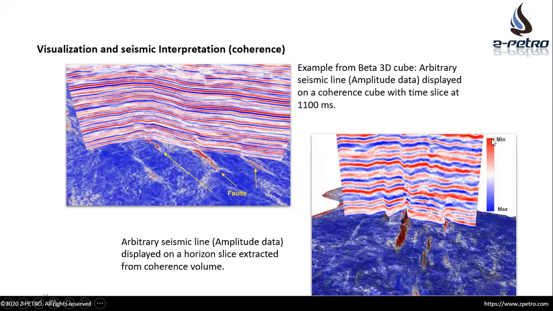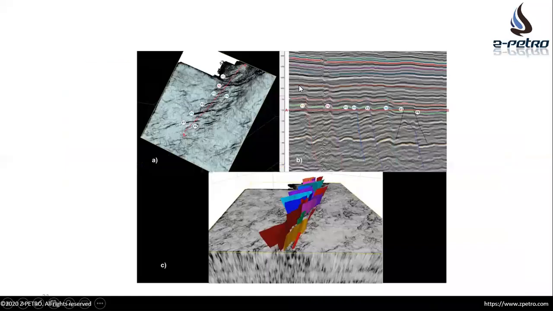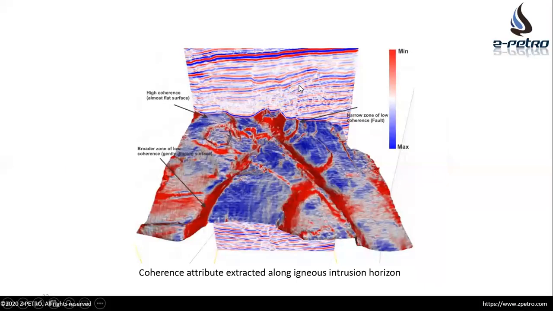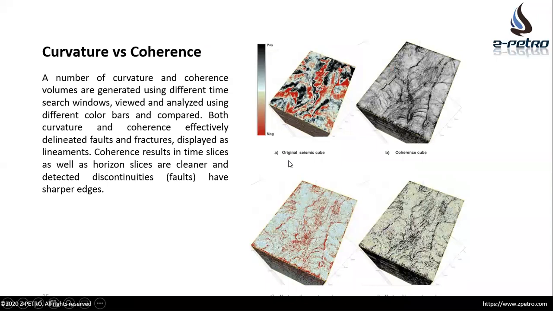The red color is the lowest amplitude, all right, while the highest values are, you can see, the blue color, representing the highest value of your seismic amplitude. All right. So this one is the slice, all right. With the help of the slice, you can see where the highest amplitudes are and where the lowest amplitudes are, because on the basis of higher amplitude we can study the different features.